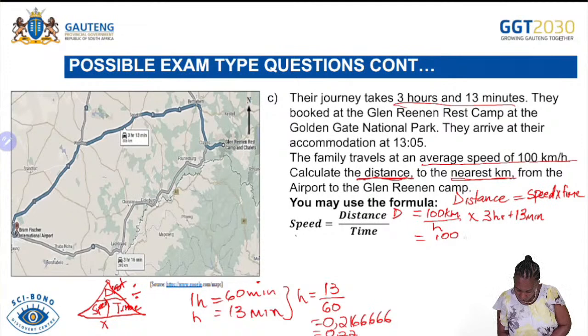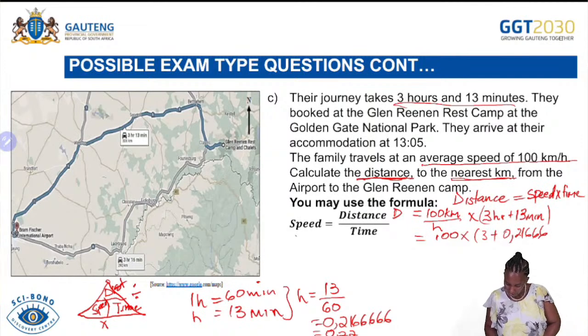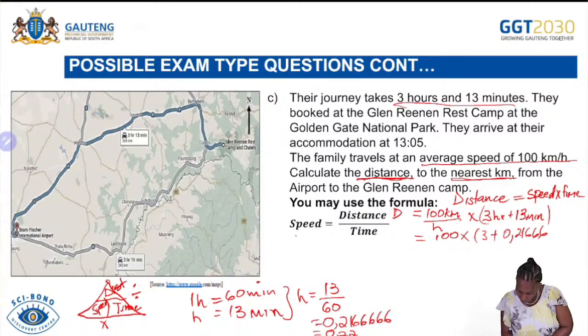So meaning it will be 100 multiplied by, let me just put it inside the bracket, 100 multiplied by 3 hours plus 0.21666. If I add the 3 hours, now my time will be 3.222.